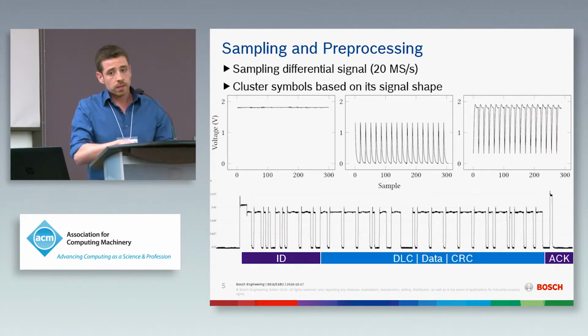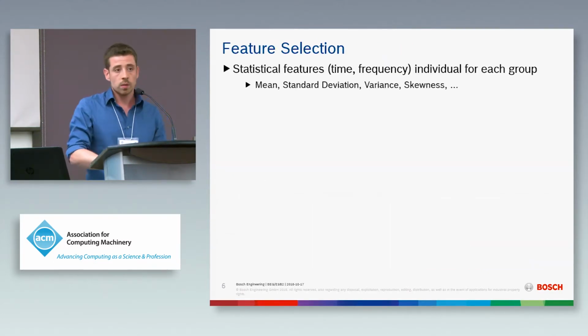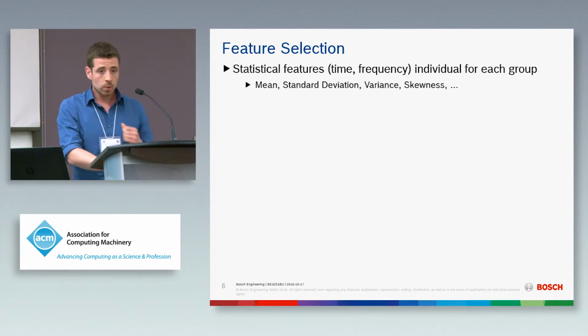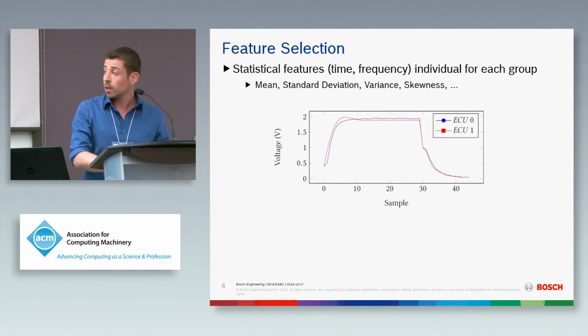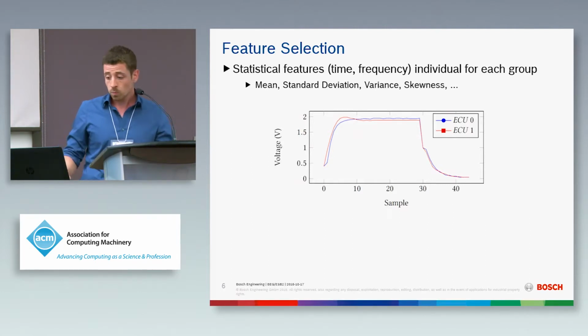And out of these signals, we now calculate statistical features from time and frequency domain, for example, mean, standard deviation, and so on. And we calculate these individually for each group. This is very important because I can demonstrate it here. Here you see a concatenation of 3 bits: a rising edge, a stable signal, and a falling edge. And you can see there's a difference.